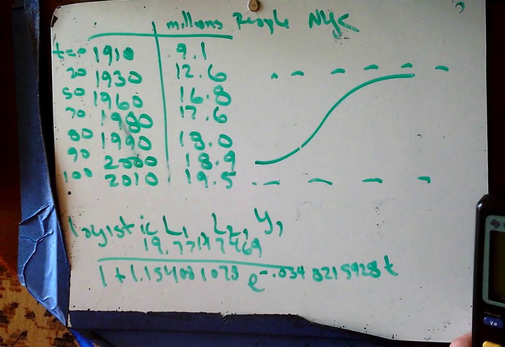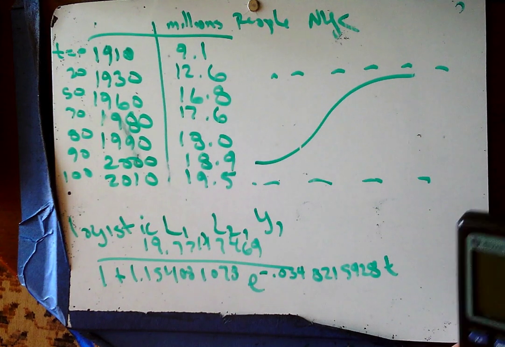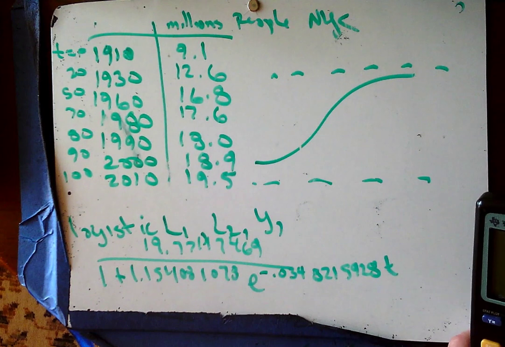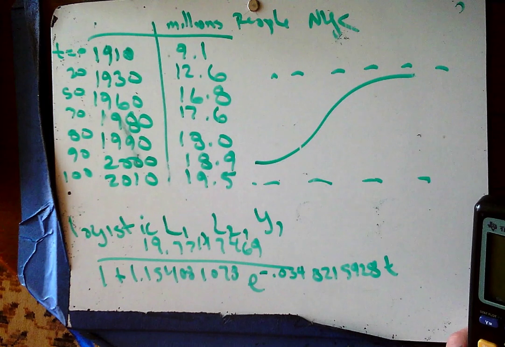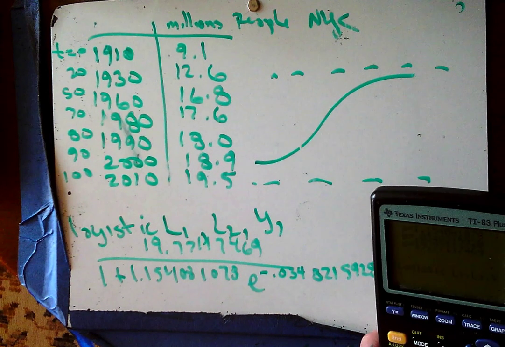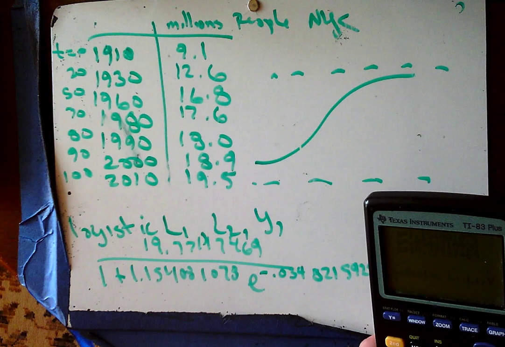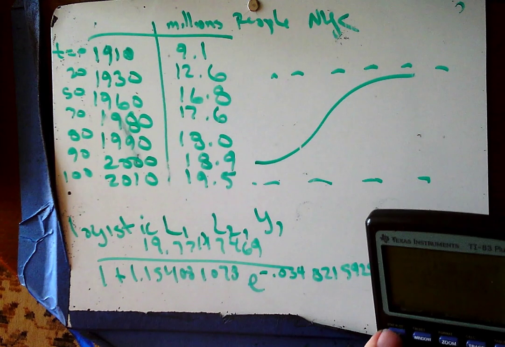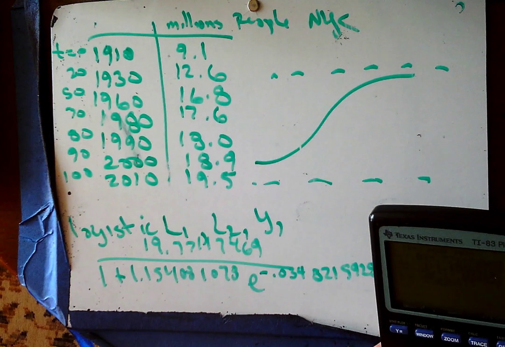L1, comma, L2, comma, Y1. Oh, you know what? I didn't do that because I was so busy telling you about it. Okay, enter. There's that wait time again. Okay, same values, but this time my logistic curve is in Y1.